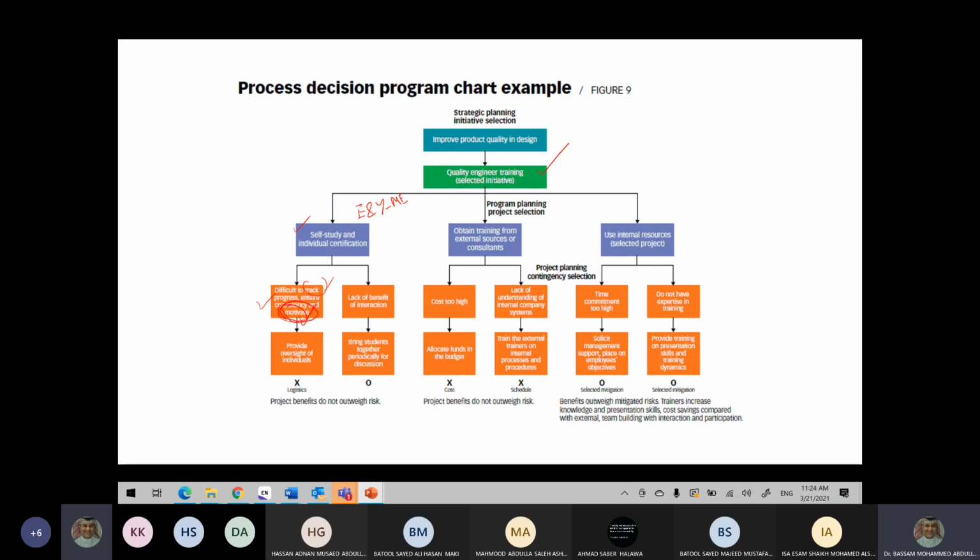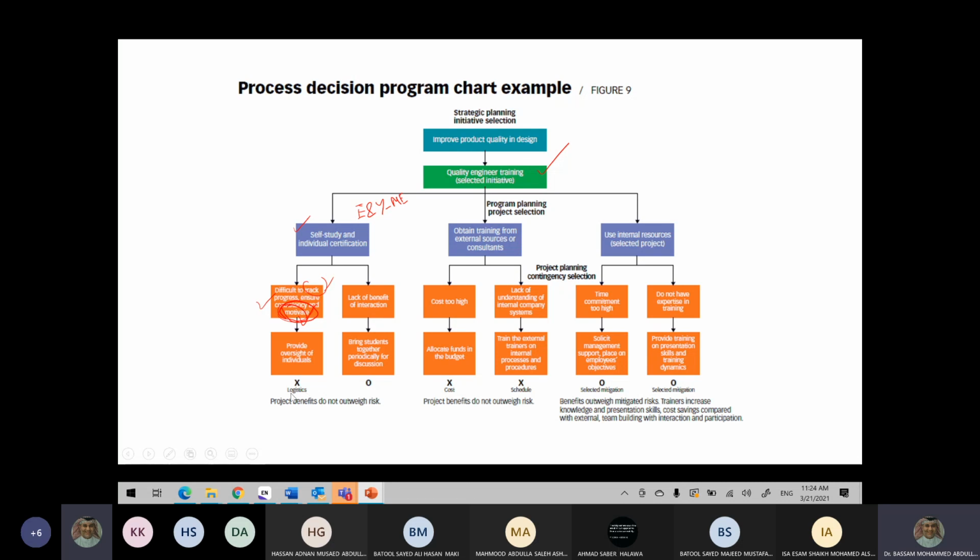So again, what is the problem? It's difficult to track, difficult to motivate. So what should I do? I should have an oversight of individuals. I need to follow all individuals. Following all individuals means there are a lot of logistics that need to be done.